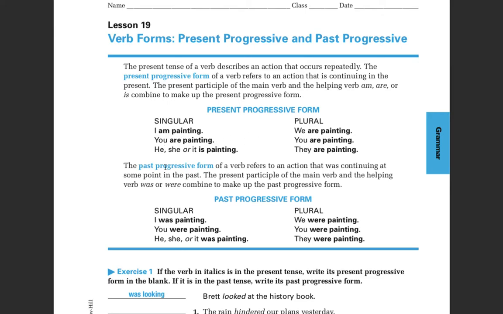So am, is, are, plus a verb with ing, whereas the past progressive form is formed by using verb to be in the past and adding ing to the verb, just like these examples here. I was painting, you were painting, he, she, or it was painting, as I remind you that he, she, or it, because they're singular. The plural forms take were and ing. So basically the past progressive is formed by adding verb to be in the past, so was or were, and ing to the verb.